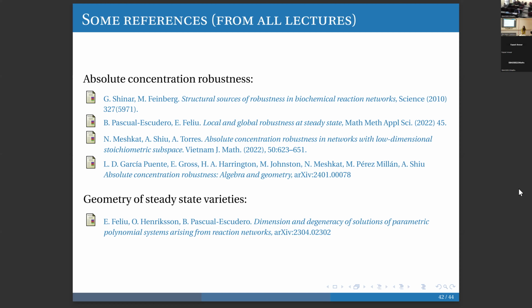Okay, thank you, Beatriz, for your nice lecture. I have a general question. My question is, assume that we solve the first problem and second problem for a system. How can you interpret, translate the result for the original network?